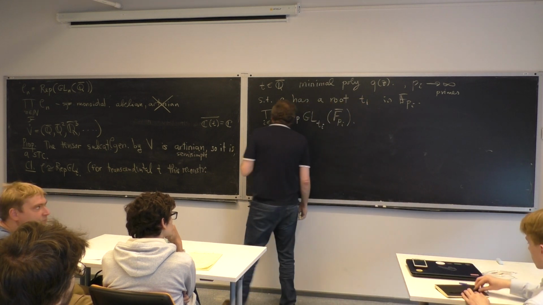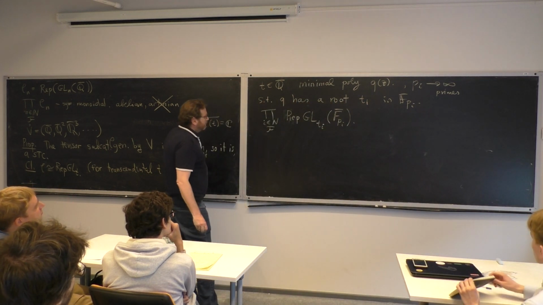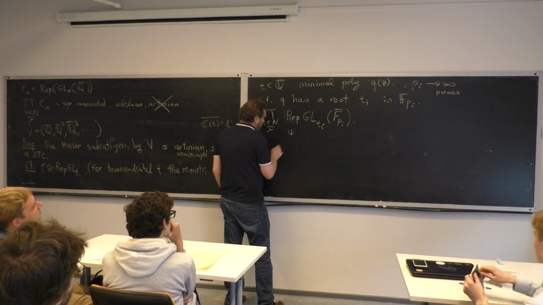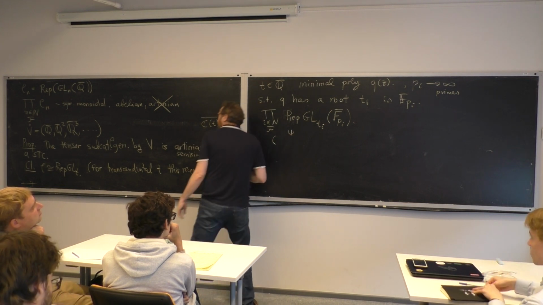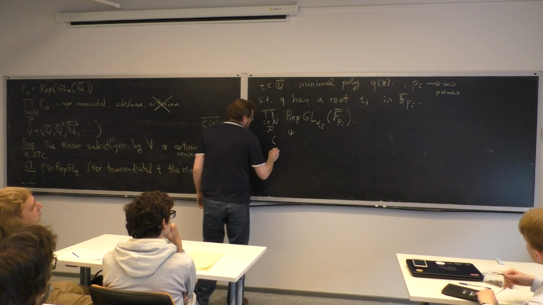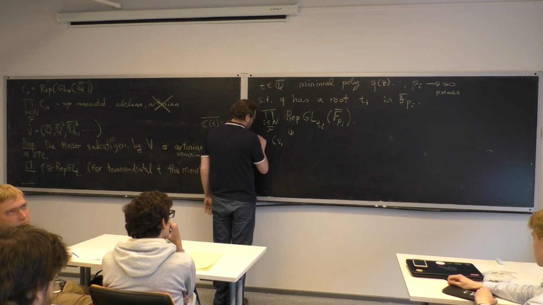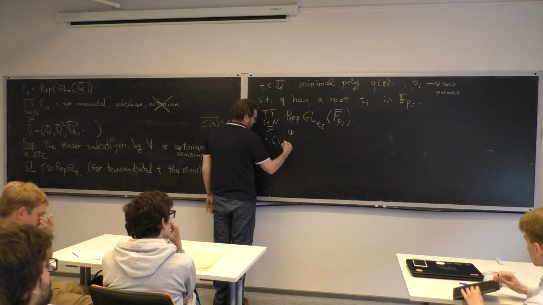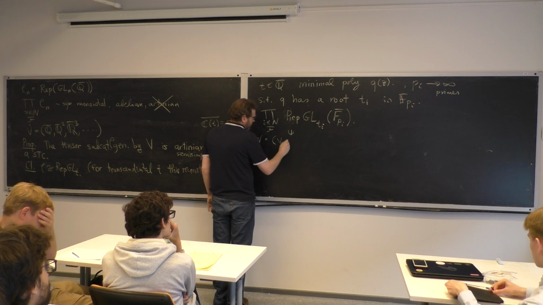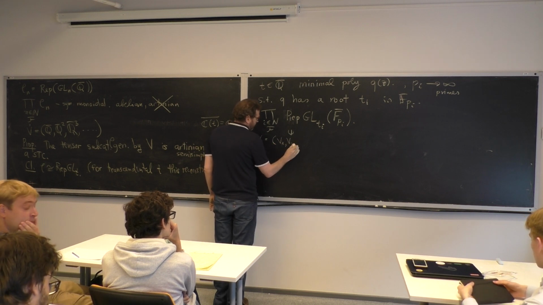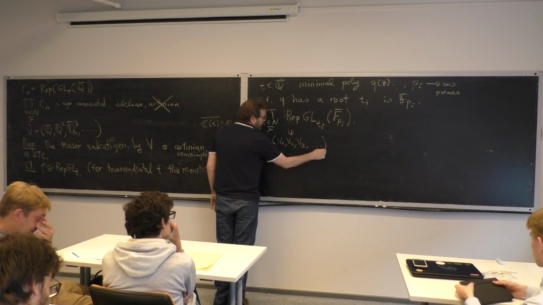And then there is an object here, which is the same thing, like V equals V_1, V_2, V_3, so the vector representations.